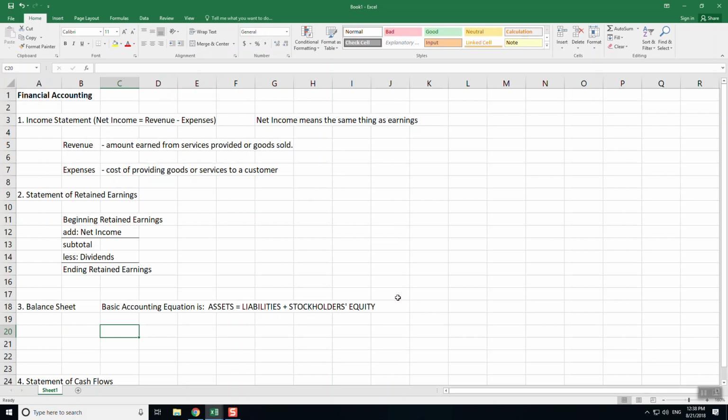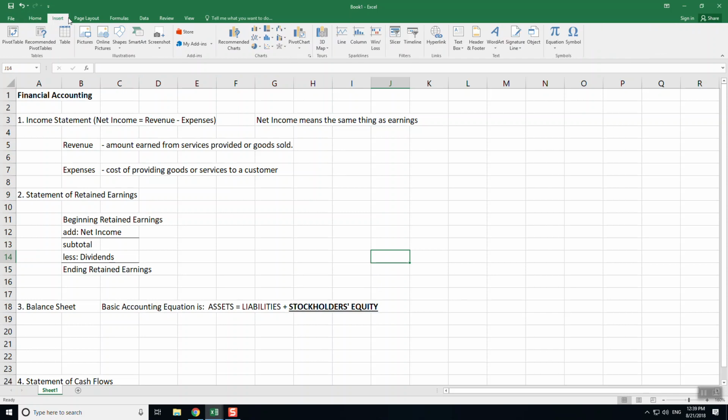So how come I have to do retained earnings before I do the balance sheet? Because you see this here, stockholders' equity? Stockholders' equity is comprised of two things.